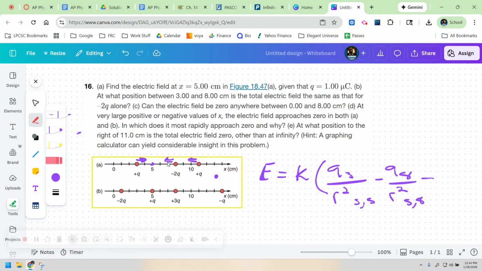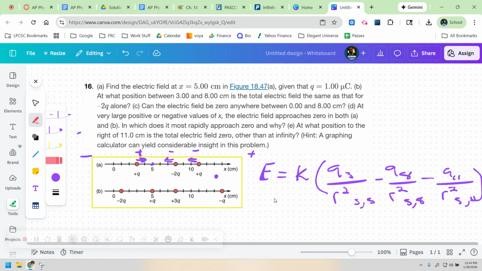And then this would be negative. In other words, these are negative electric fields, and this would be positive, because going to the right would be positive, going to the left would be negative. Charge 11, and then we're going to need the distance from 5 to 11.